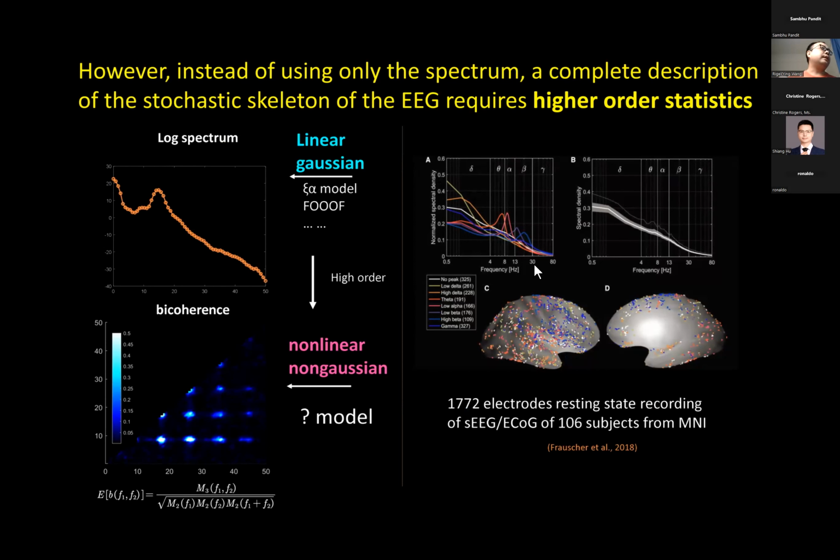Here we use the data from the Montreal Neurological Institute, which has 1,700 electrodes from 106 subjects. In the original study, they already discussed the peaks in different bands.